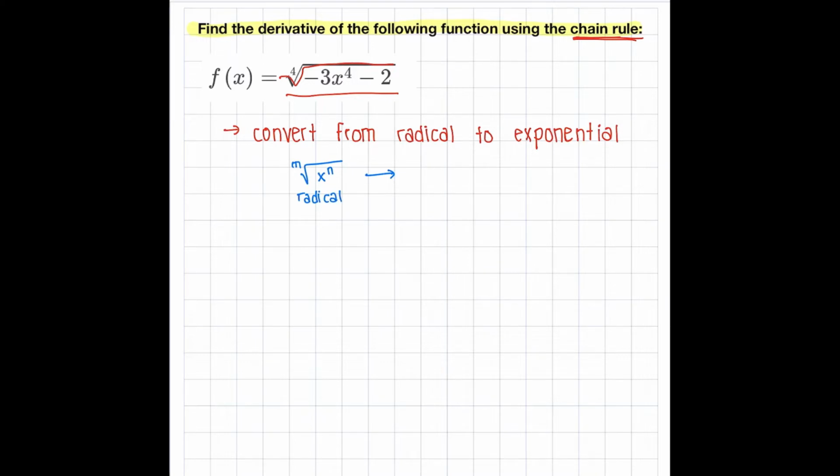And if we want to convert it to exponential, it would be x to the power of n over m, where n, which is inside, is going to be the numerator, and m, which is outside, is going to be the denominator. And this would be the exponential form.